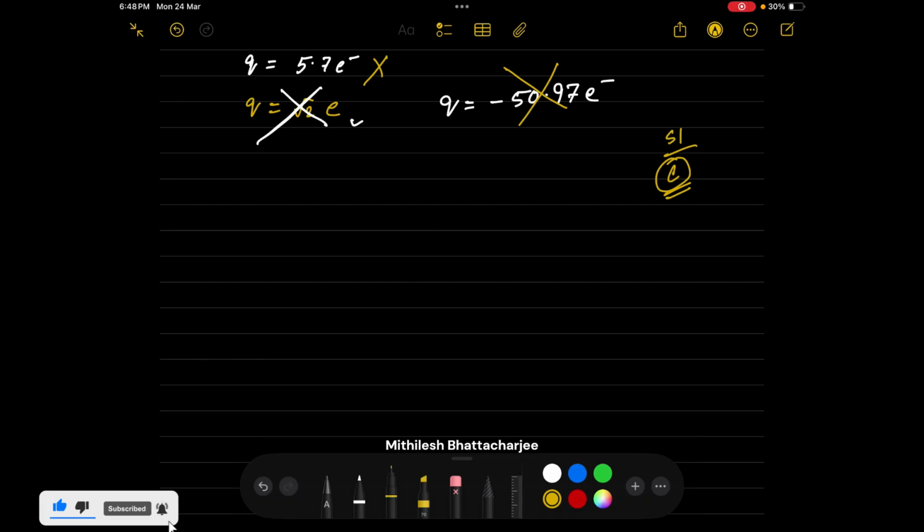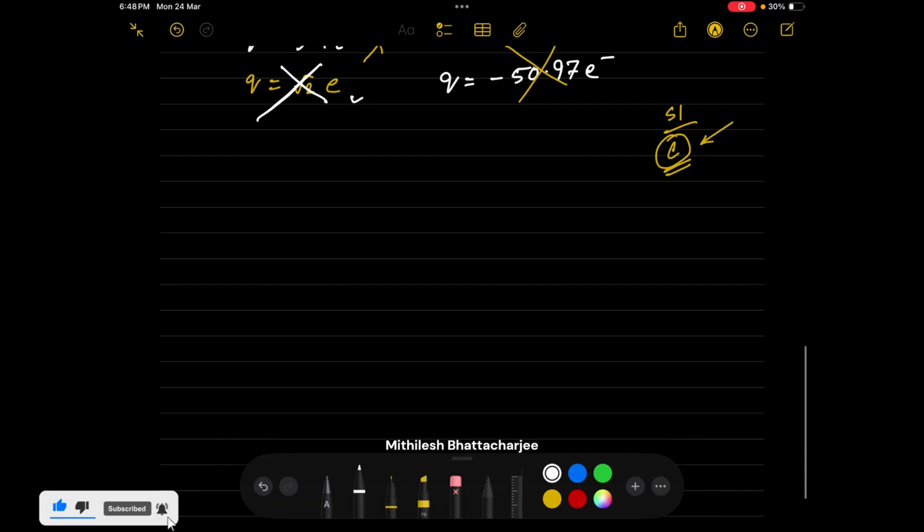As per his name, we know that the SI unit of charge is coulomb. So now we'll see Coulomb's law.